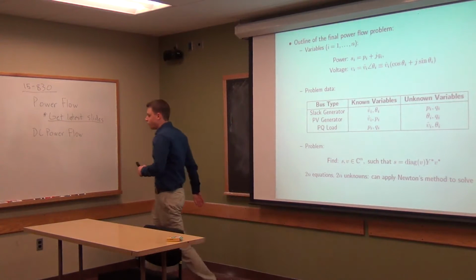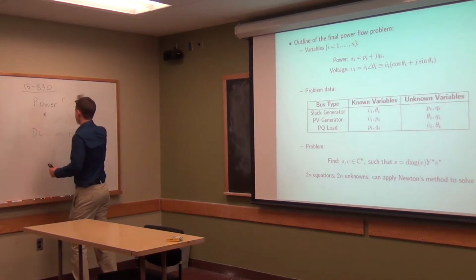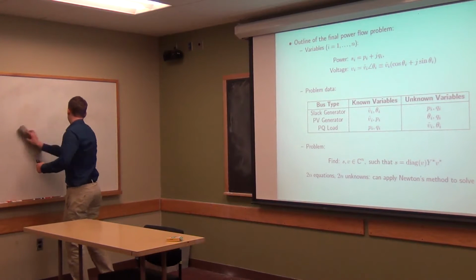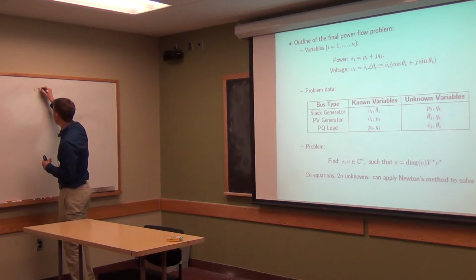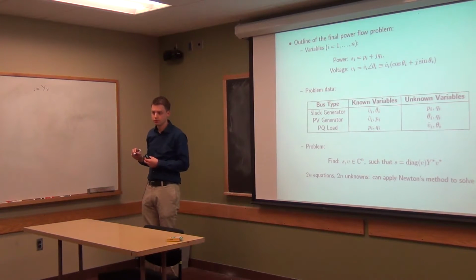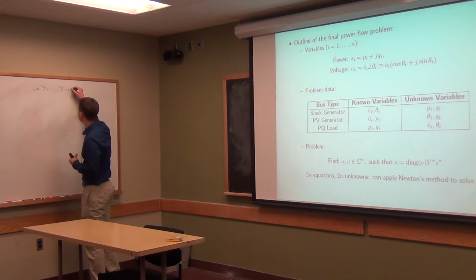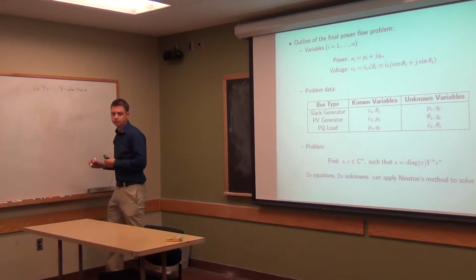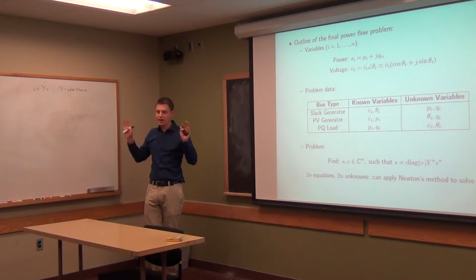Remember, we started out talking about circuits in general just by saying that the current was related to the voltage by this matrix Y, which is known as the admittance matrix. And I sort of waved my hands in terms of how you actually solve it.